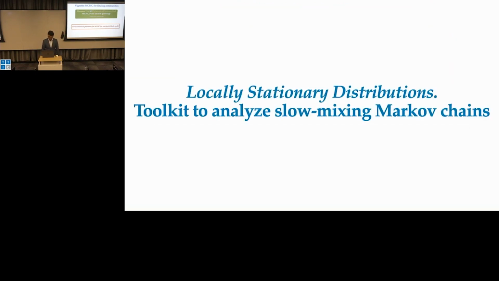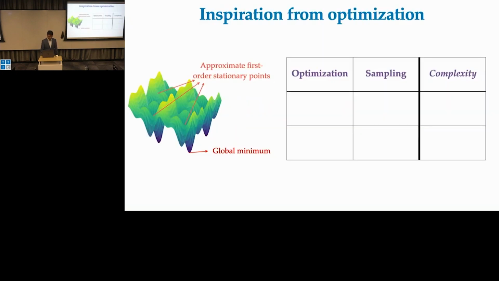Okay, so I'll tell you all about this conceptual idea of locally stationary distributions, which is something we study to analyze slow mixing Markov chains. Our approach to analyzing slow mixing Markov chains was inspired by optimization.